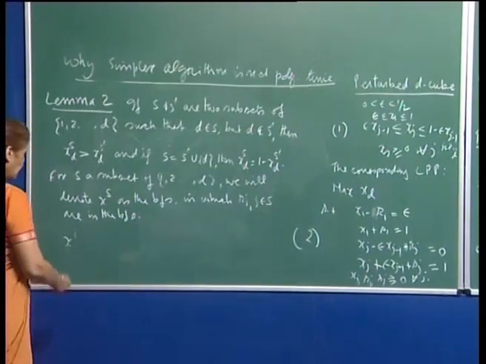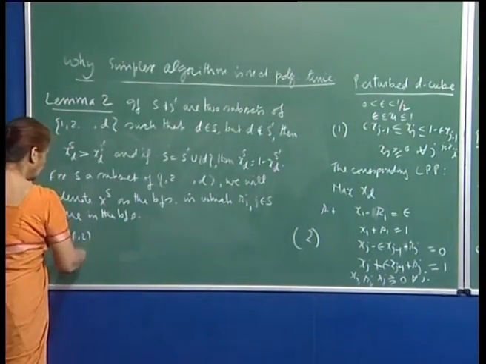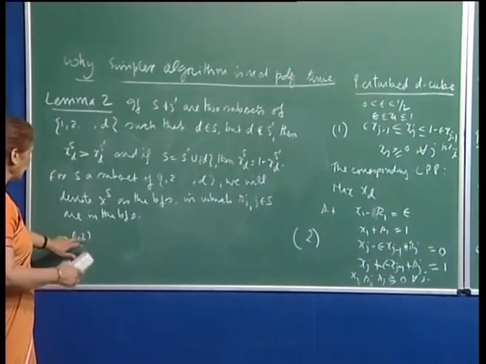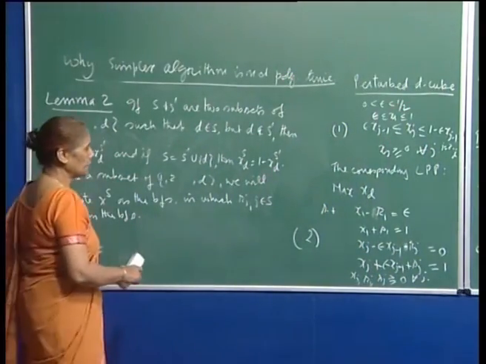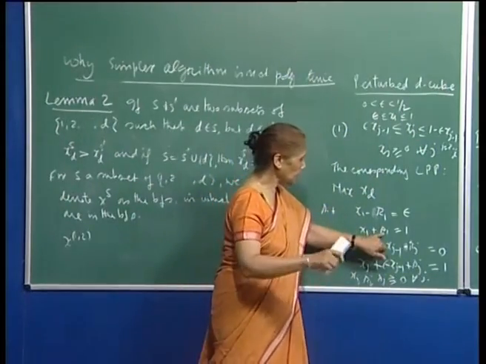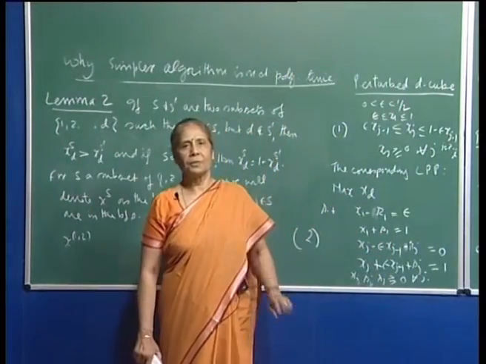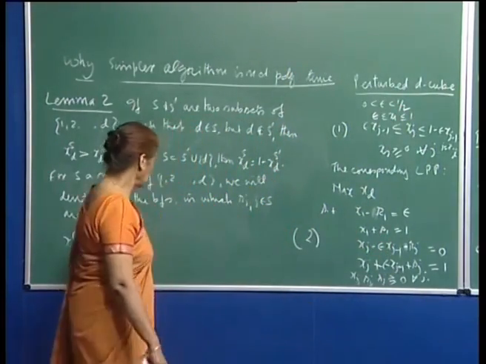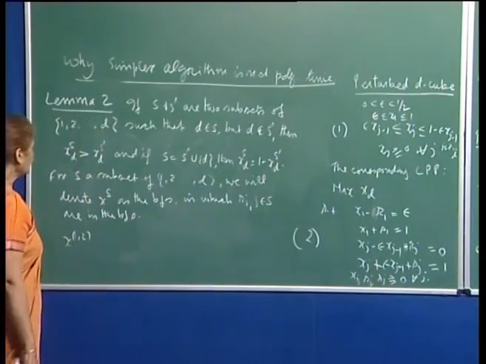Similarly, if you consider x^2, then R1 and R2 are in the basic feasible solution, and then S3 onwards are in the basic feasible solution. So this is the idea. So, a subset of this.